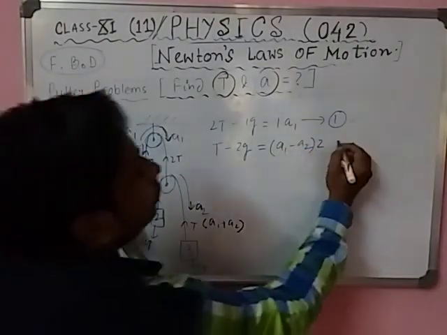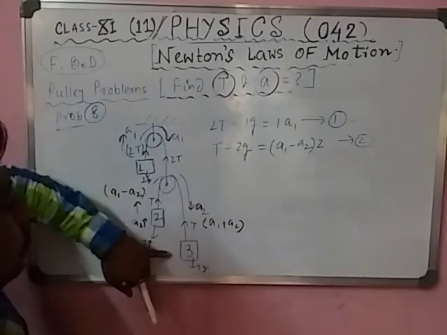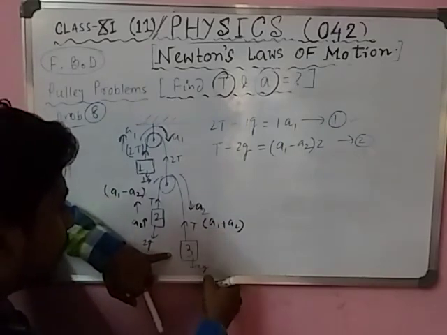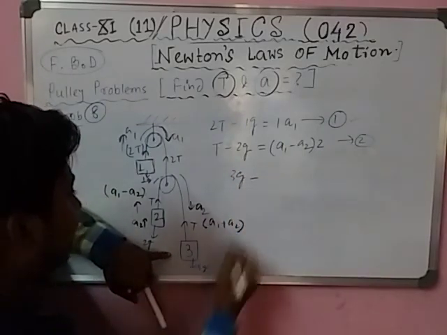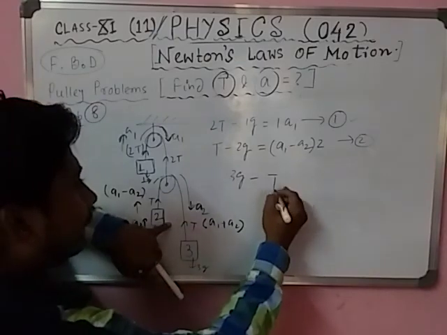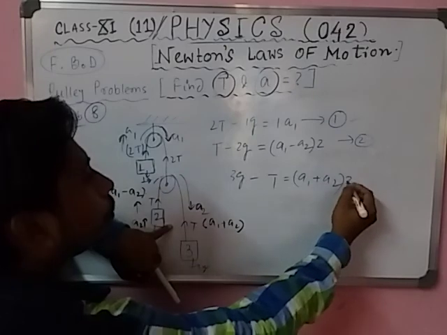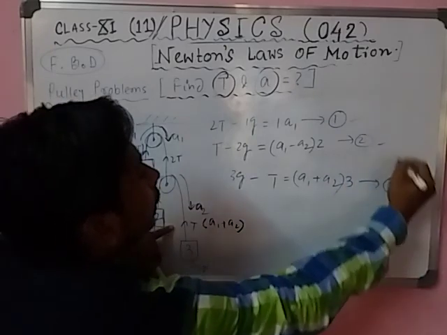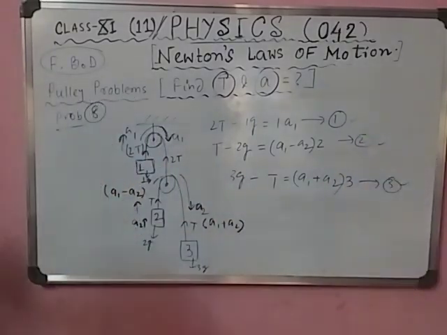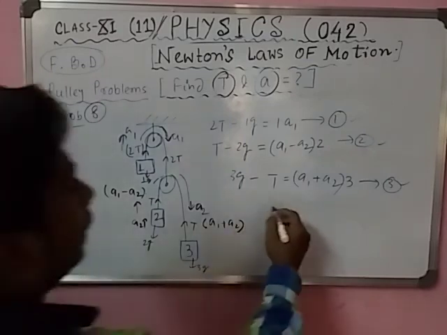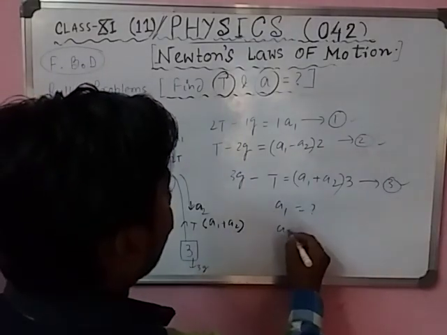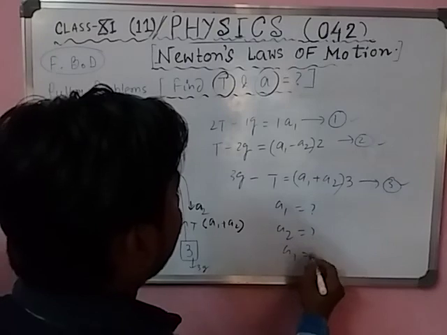This is equation number 2. For equation number 3, 3g downward, 3g is greater, so 3g minus T is equal to (a1 plus a2) into 3. This is equation number 3. If you solve these 3 equations, you will get a1, a2 and a3.